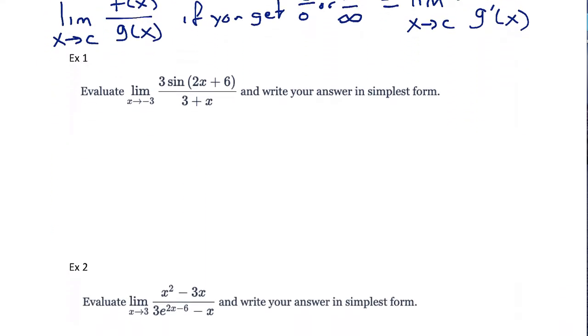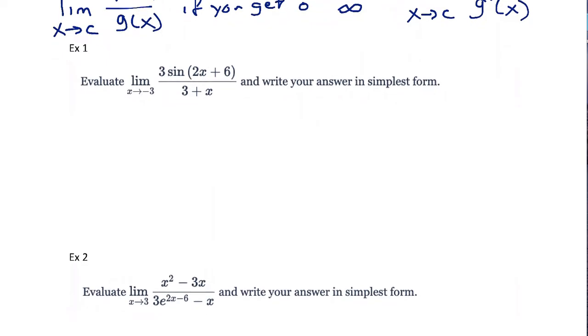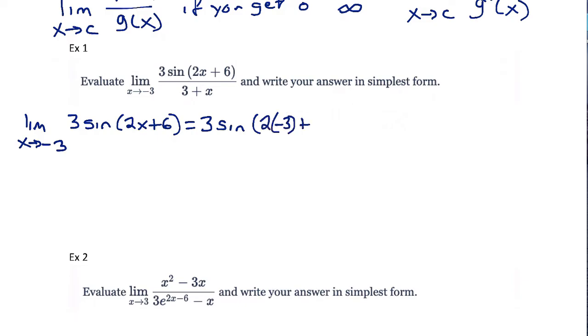So if I take this first one, and I take the limit as x goes towards -3, and I know how you love trig functions. If we looked at the limit as x goes towards -3 of the top function, we'd get 3 times the sine of 2 times -3 plus 6, which is 3 times the sine of 0, which is 0.